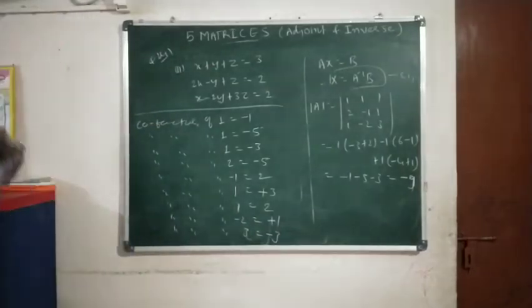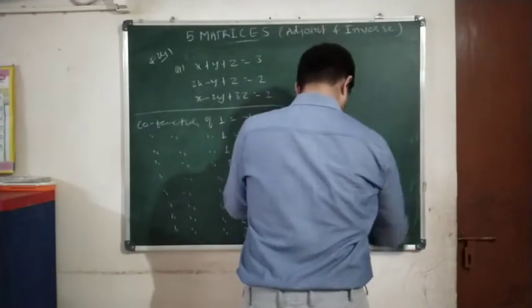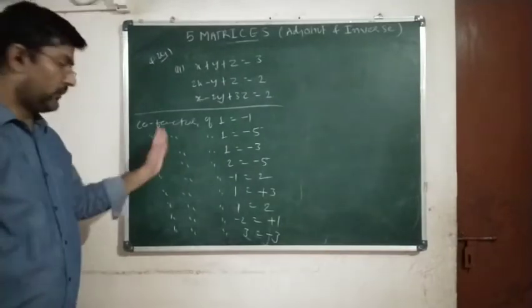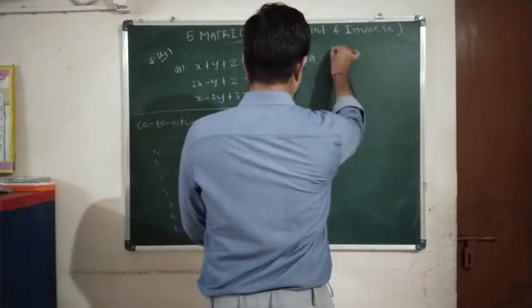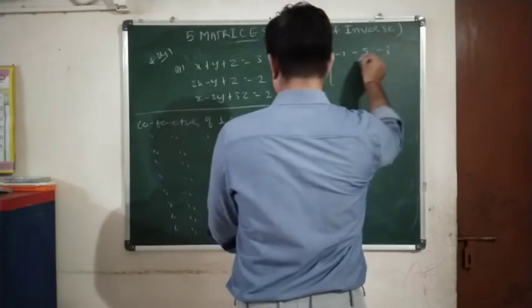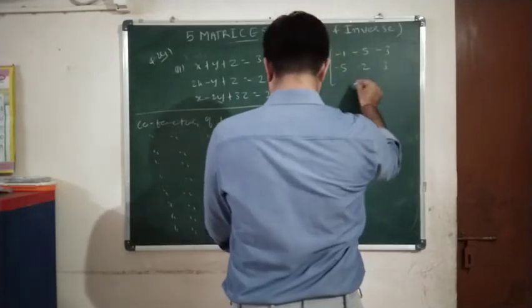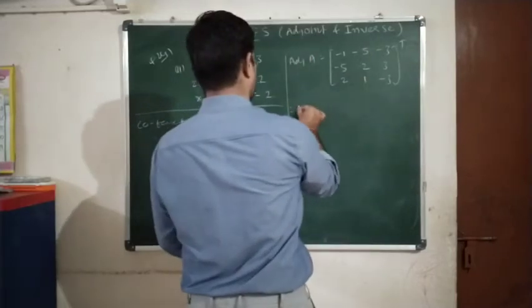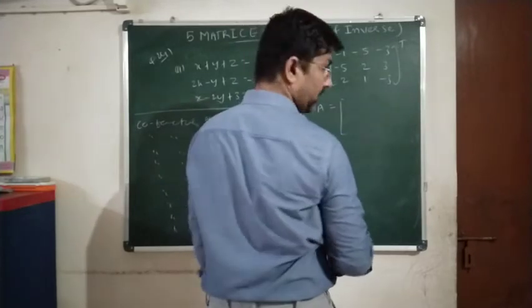So we have got the cofactors of each and every element. Now we can write the adjoint as the transpose of the matrix of cofactors. Yes or no? So adjoint of A is equal to the matrix minus 1, minus 5, minus 3; minus 5, 2, 3; 2, 1, minus 3, whole transpose. Remember the determinant was minus 9.